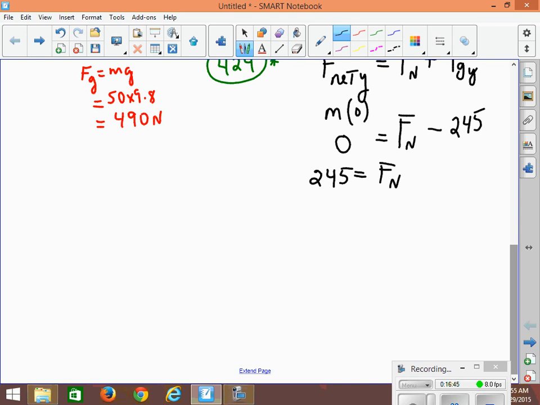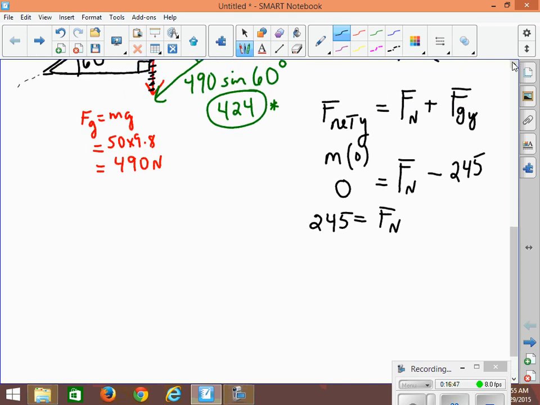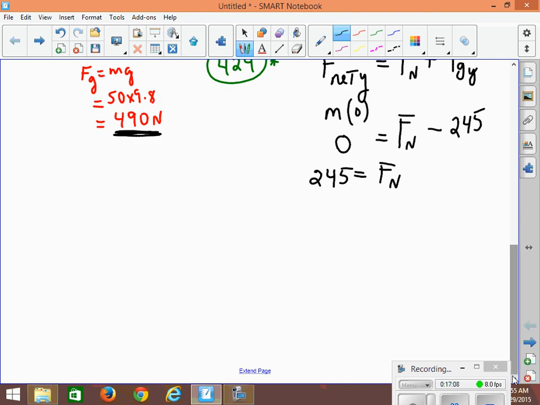The normal force is no longer equal to our original gravity. See how the original gravity was 490? The normal force is not 490 any longer. That only happens on a level surface. The normal force is only 245. Where's the rest of the gravity force going? It's pulling down the slope. So now we can move over to our Fnet x equation.